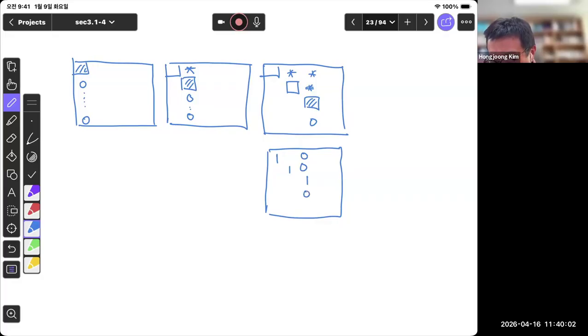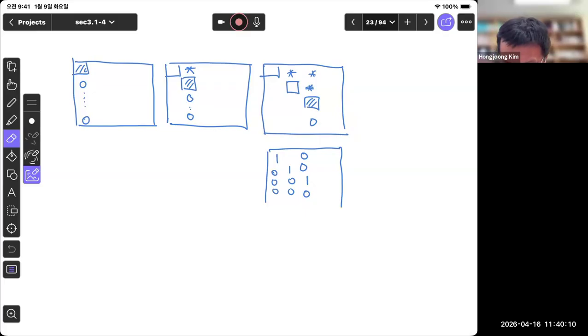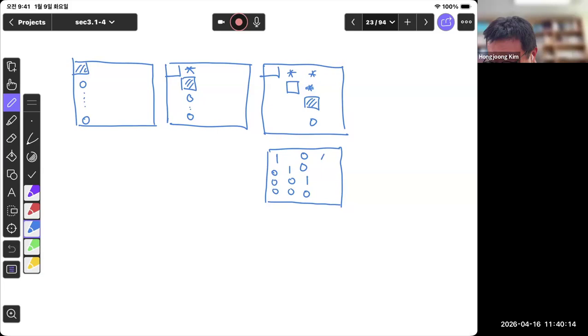And below the number one, I have zeros. I have something like this. And I don't care about these yet. And I have zeros here. Okay. So this is the shape.